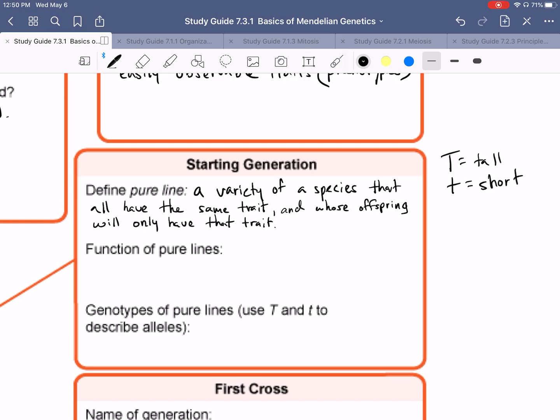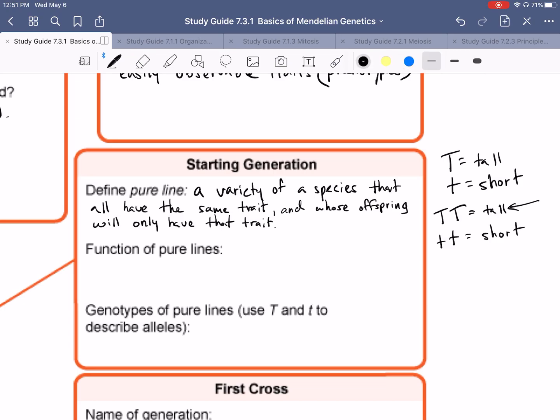All right. So if a plant was homozygous dominant, it's big T, big T, which would give you a tall plant. If it's homozygous recessive, you get a short plant. What happens when you breed tall plants like this with other tall plants? The only thing you can get out of that is a tall plant.